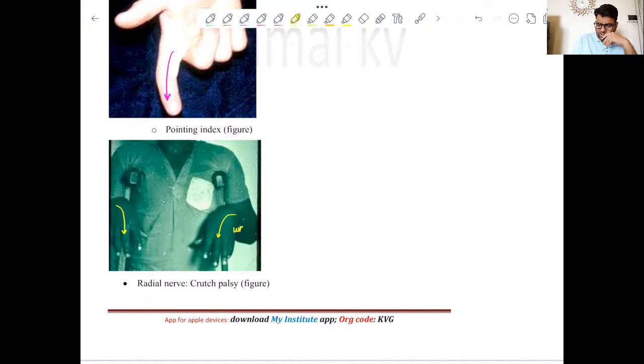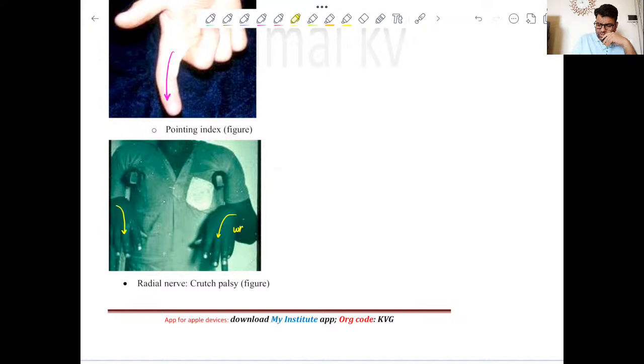So C can be compressed median nerve, or you can write cause unknown, that is idiopathic. Clear? So this is idiopathic. Then A for acromegaly, R for rheumatoid arthritis, then P for pregnancy, A for amyloidosis, and L for low thyroid, which is actually hypothyroidism. So these are conditions where we can see carpal tunnel syndrome.